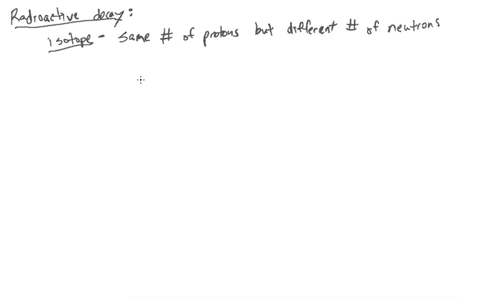So for an isotope, it's the same number of protons, in other words the same element, but a different number of neutrons. So you may have heard of something like uranium-235 and uranium-238.